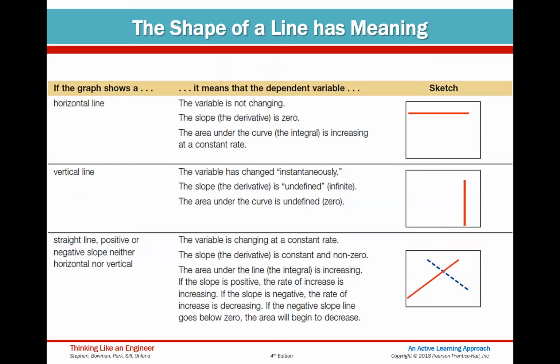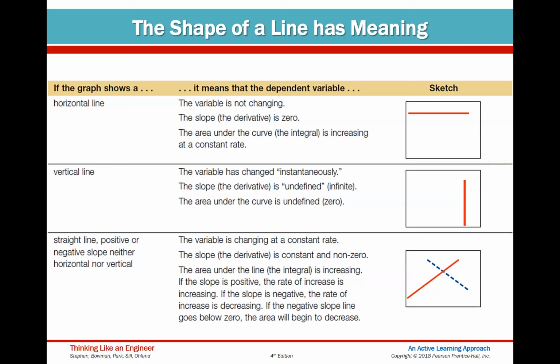Okay, so first off, if we have a horizontal line, that means that the variable, the y, your ordinate, the thing that you thought was going to change, is not actually changing as your dependent variable changes. The slope of a horizontal line is 0.